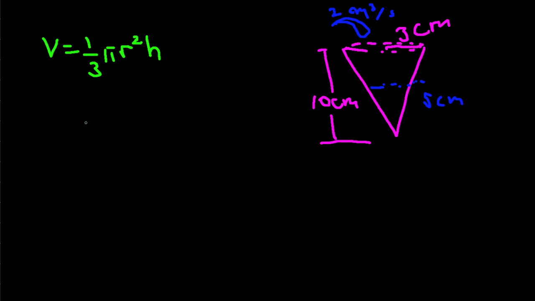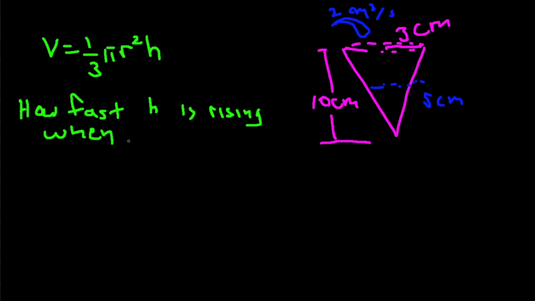So the question is, how fast is the height rising, I guess you could say, when the water is 5 centimeters deep. So this is going to be a time dependent related rates problem.